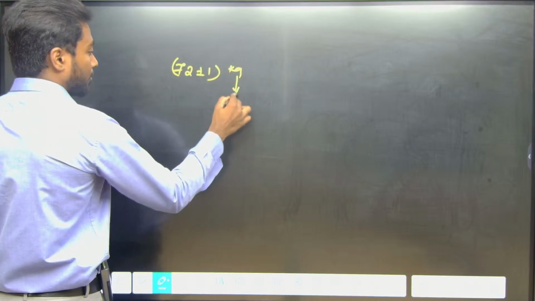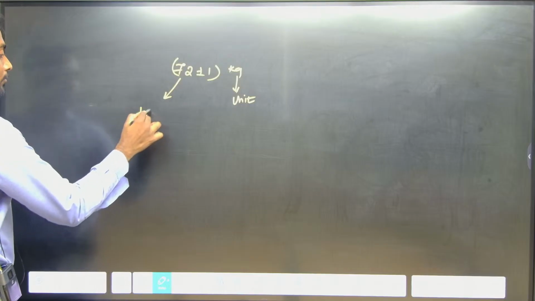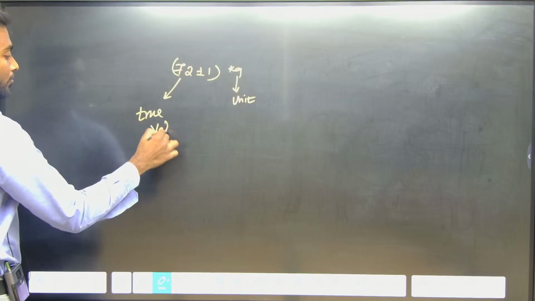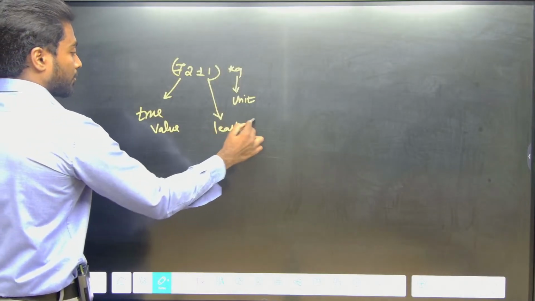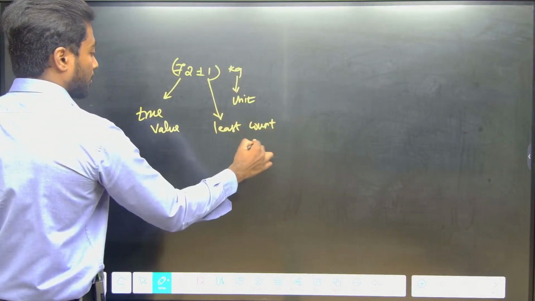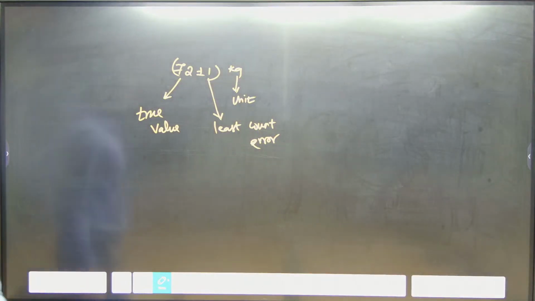This is my true value, and this is my least count error. So 72 plus or minus 1, kg is the unit, right? This is my true value, and this is my least count error. Got it?